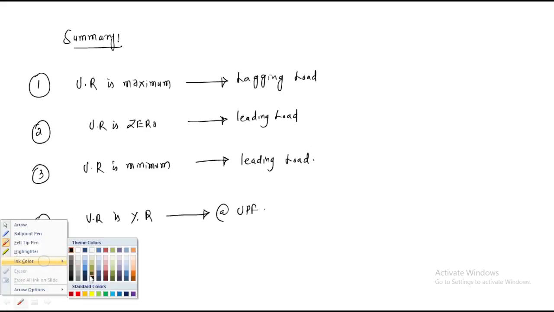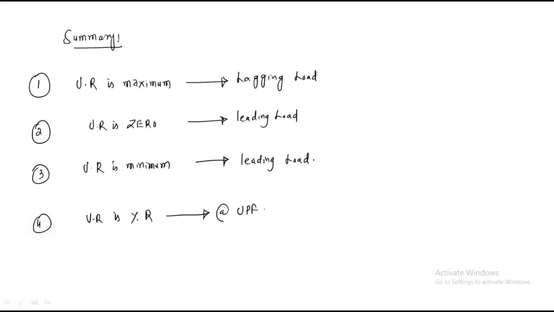So among these, which one is more desirable? 0 is the most desirable voltage regulation. Maximum is undesirable. Zero is the only desirable one. So we have to keep voltage regulation at a minimum and efficiency at a maximum.